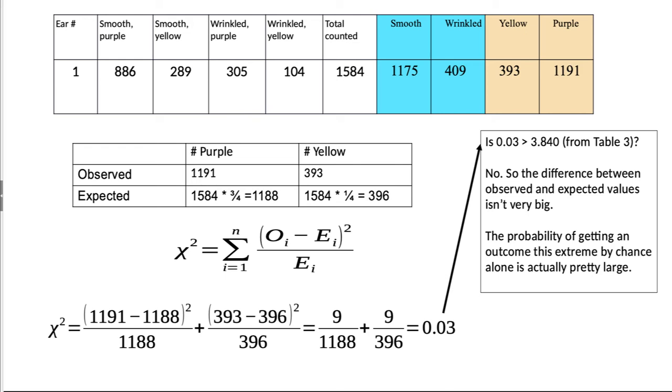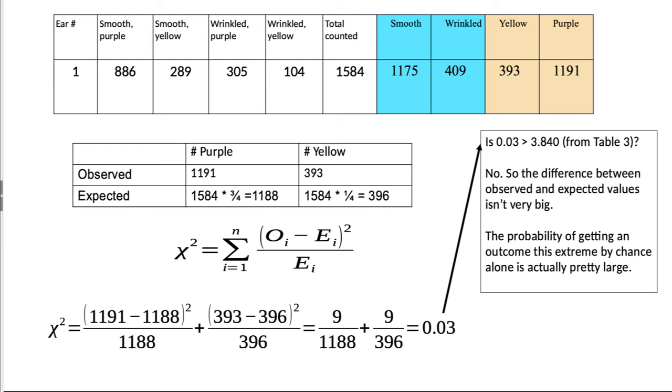In which case we might say, well, something weird is going on. Or is it close enough that we would say, yeah, it's not exactly 3-to-1, but it's pretty close. I wouldn't say that anything really weird is going on, because this kind of outcome could happen just by chance.